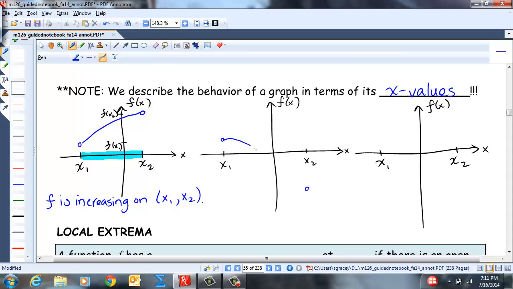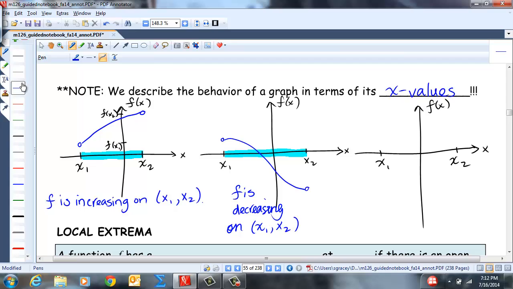And if we go something like that, as we move from left to right and trace along the graph, do you see that we're going down? So on this interval from x1 to x2, our function values are decreasing. So we can say on this one that f is decreasing on the interval from x1 to x2.